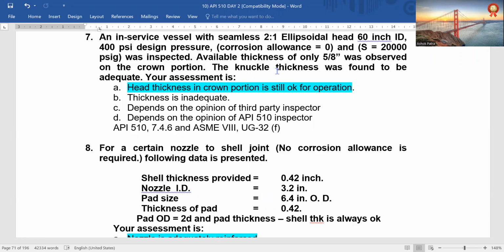The knuckle radius was found to be adequate. Your assessment is UG-32(f) and API 510, 7.4.6.